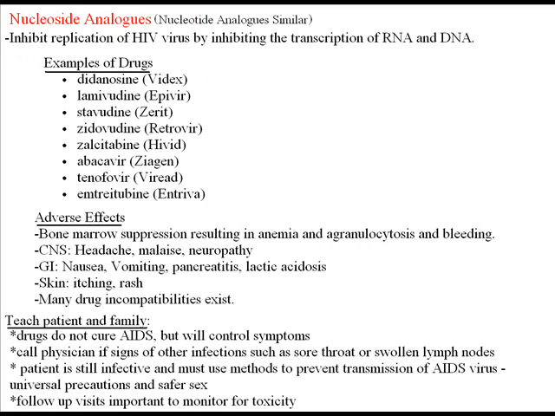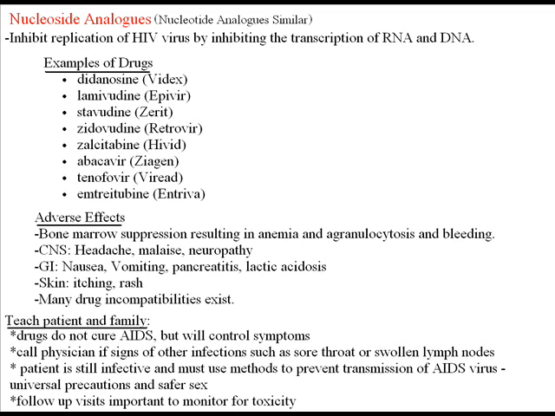Nucleoside analogs are similar enough to nucleotide analogs that I'm just going to combine the two. They inhibit replication of the HIV virus by inhibiting the transcription of RNA and DNA. As you can see, there's quite a number of drugs in this category, including Videx, Retrovir, Hivid, and so forth.